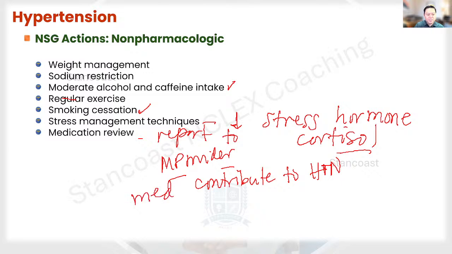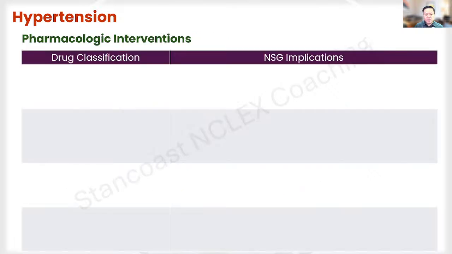HTN: meds contributing to hypertension. Okay, so make sure that you are reporting this right away if the patient really has that abrupt elevation of their blood pressure. Okay, or even if not abrupt blood pressure elevation, you can communicate that to them.